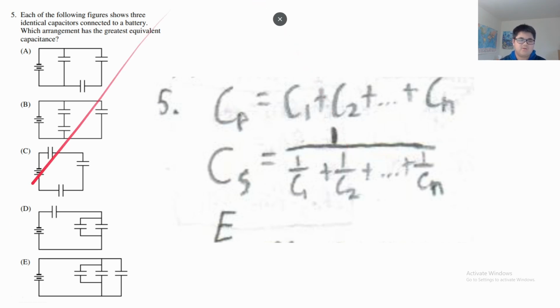So answer E is the correct answer, because the three capacitors are all in parallel, so they must have the greatest equivalent capacitance. For answers A, B, C, and D, there are two capacitors in series, and answer choice E is the only one where they're all in parallel. So answer E is the correct answer.